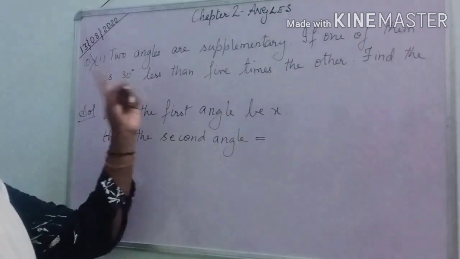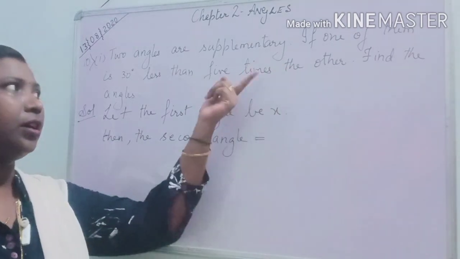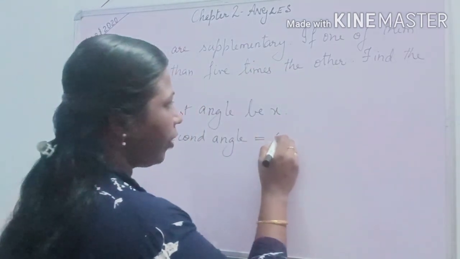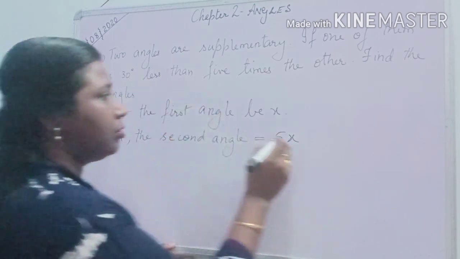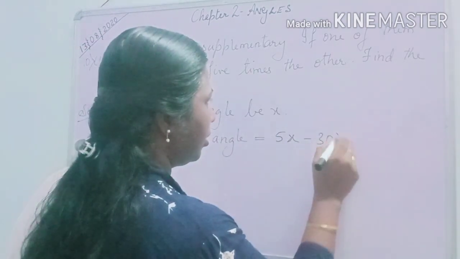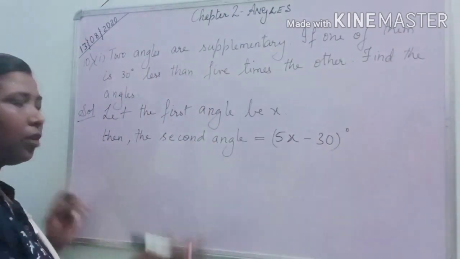Now listen properly: 30 degrees less than 5 times the other. Now 5 times means 5x, then 30 degrees less than, so minus 30 degrees. Is that clear, students? Now both the angles we got. Now we can solve it.